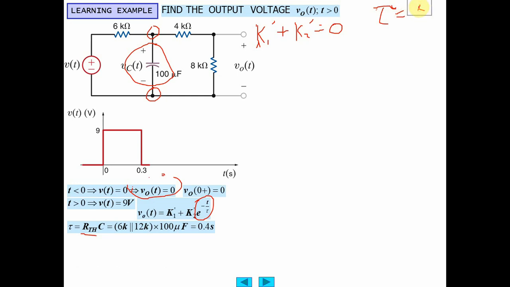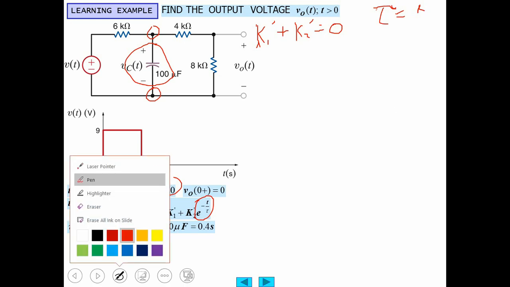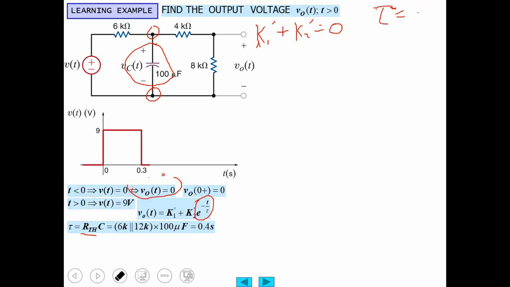The inductance L over R, that's the time constant for an inductive circuit. RC is the time constant for a capacitor circuit.